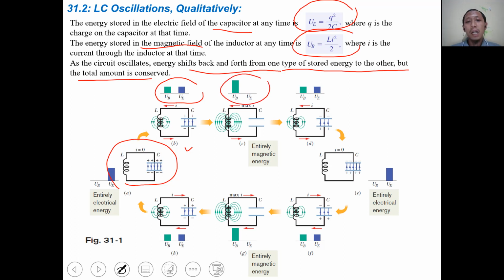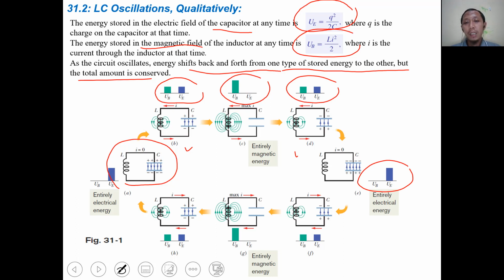After that, the energy is transferred again to the capacitor, because in the capacitor now the energy is 0. In D, U_B is equal to U_E until the energy stored in the capacitor is at maximum, so U_E is maximum and U_B is equal to 0.